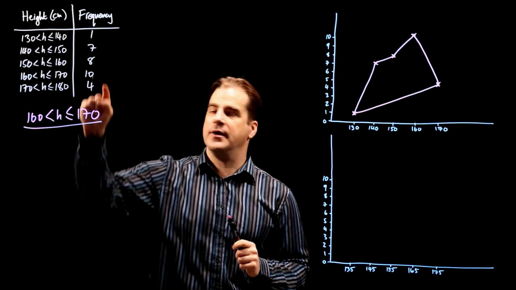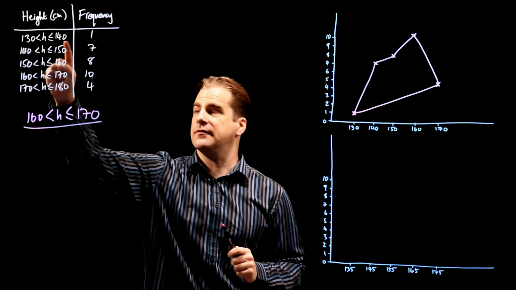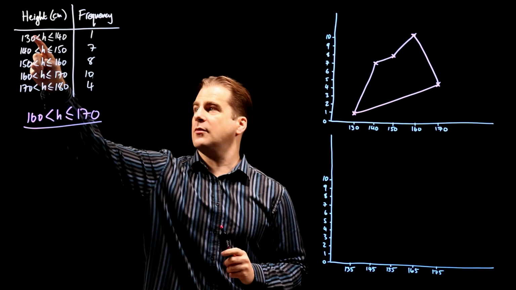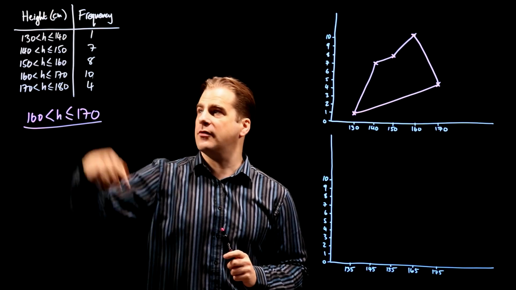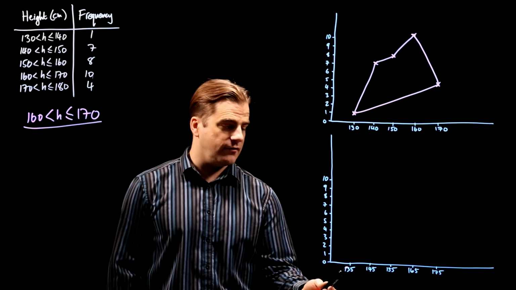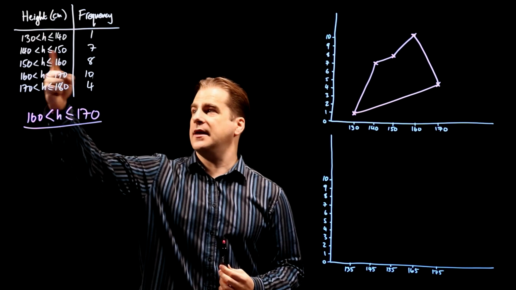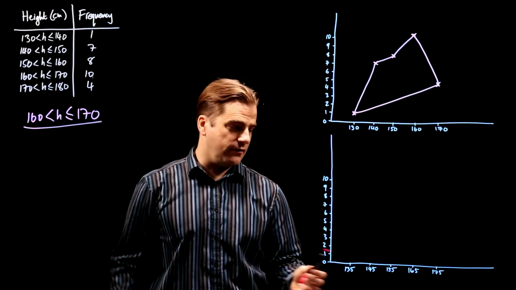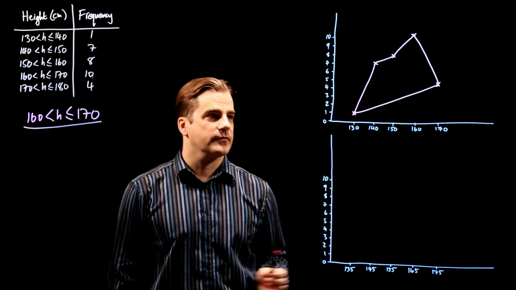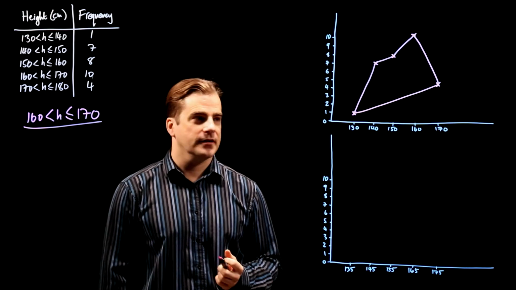You're meant to plot the frequency values against the midpoint of each class. So instead of 130, they should have plotted it against the midpoint between 130 and 140, which is 135. And the same here. You should have plotted 7 against 145 and so on. So that's the second thing that's wrong with it.